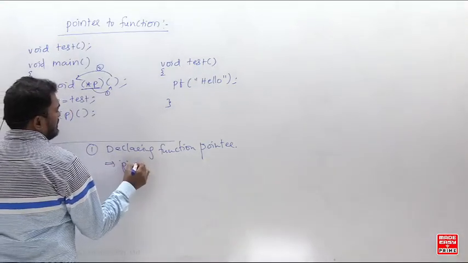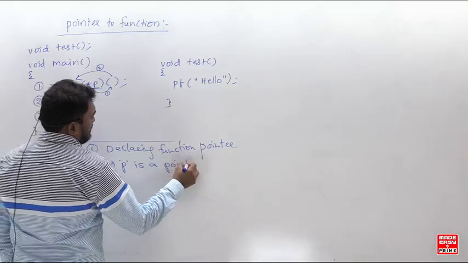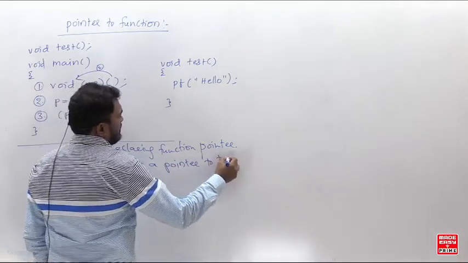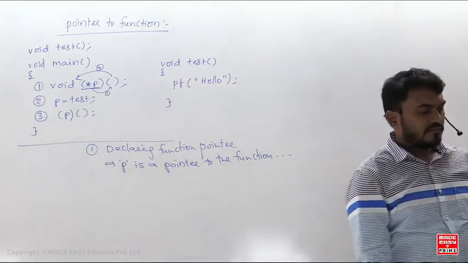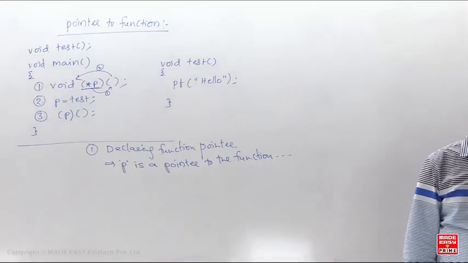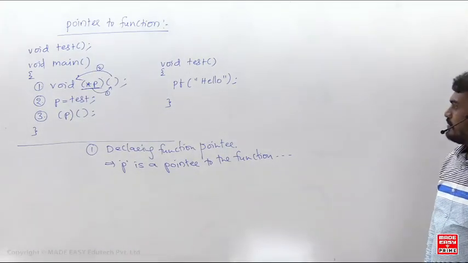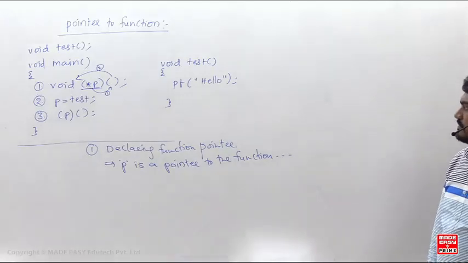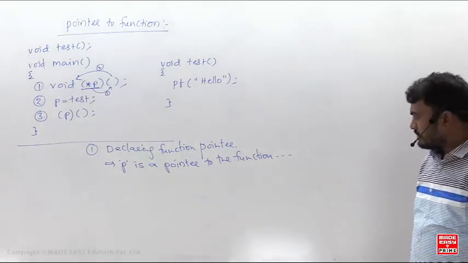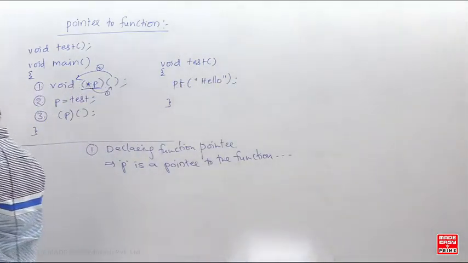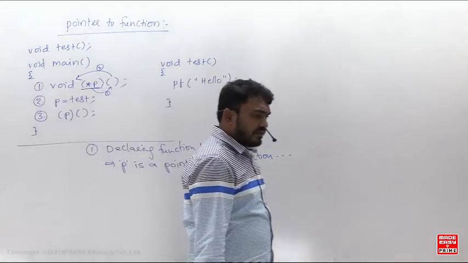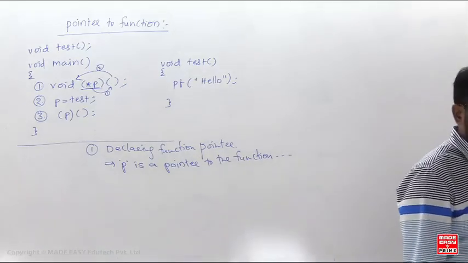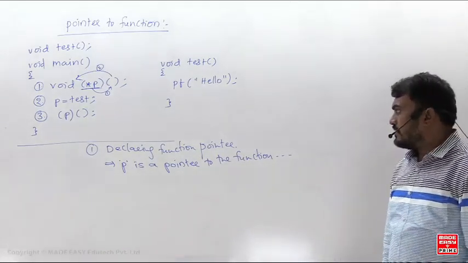P is a pointer to the function which does not take any argument, and returns void.